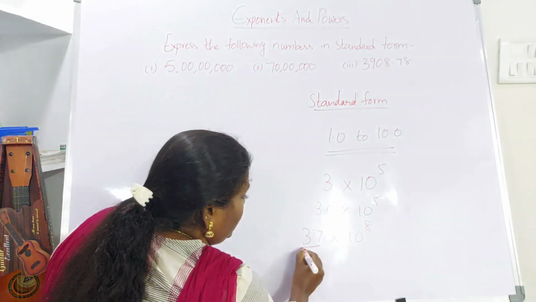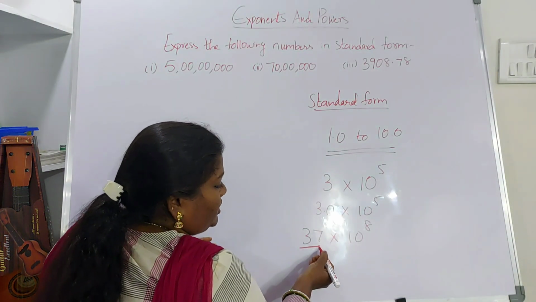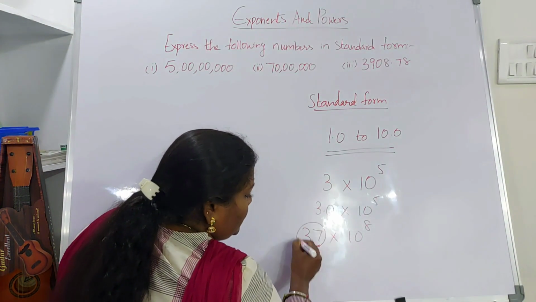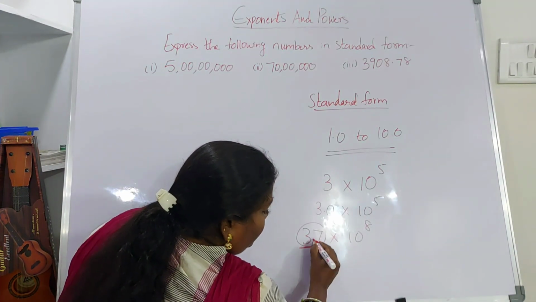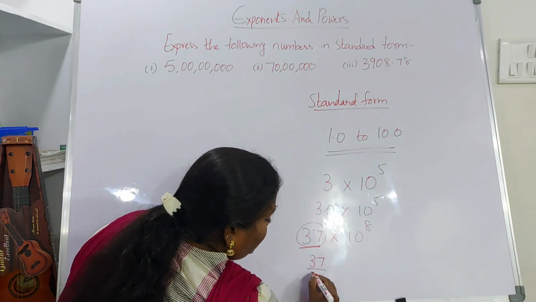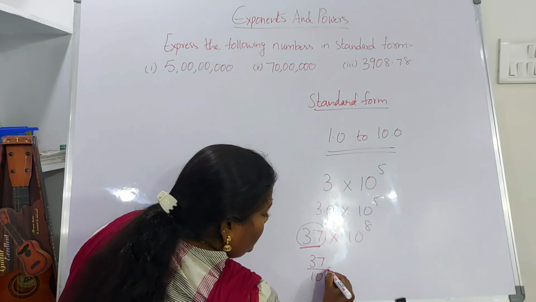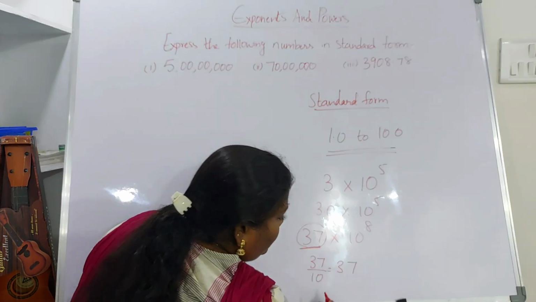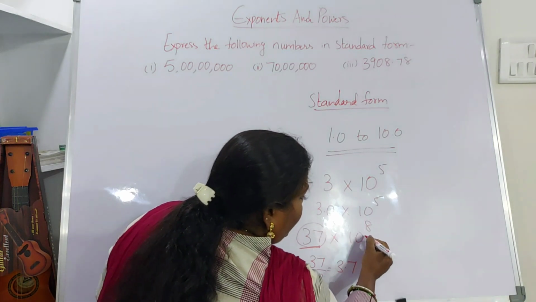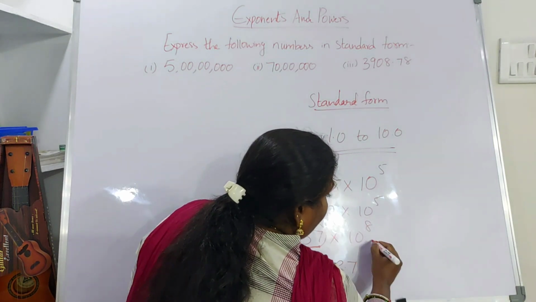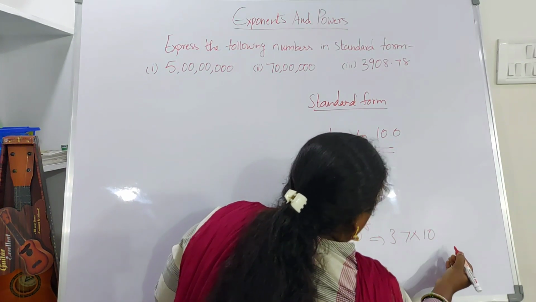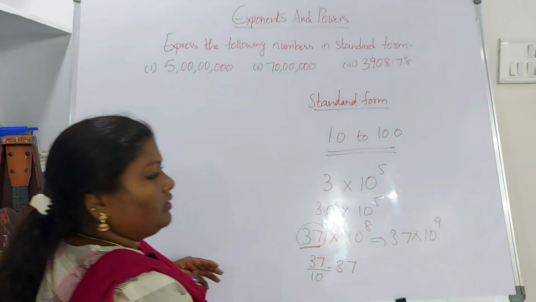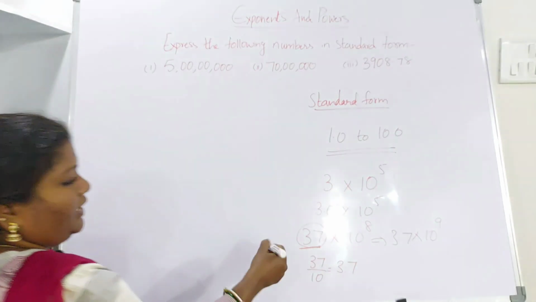You need to convert this into decimal fraction. How to convert? Divide this 37 by 10, so you are going to get 3.7. So this 10 should be added over here and you are going to get 3.7 into 10 to the power of 9.